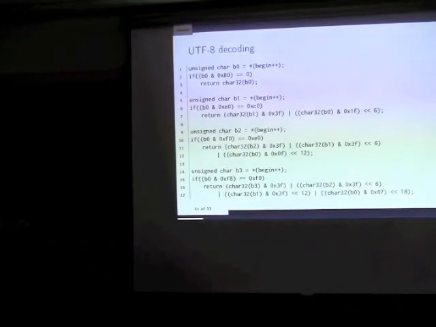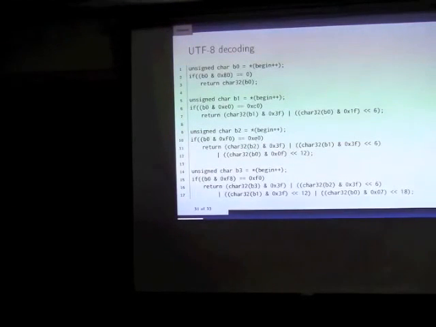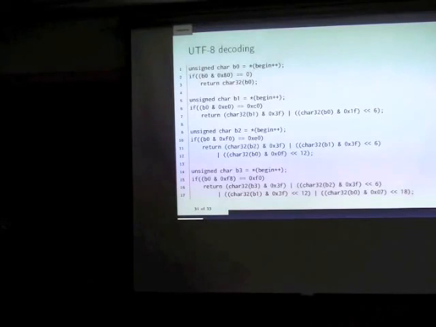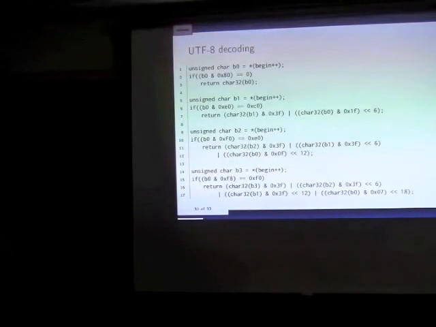In reality, with the converter, it's not a return, it's a write to the output, but I wrote it as a return so that it fits on the slides. So we're going to cast it to 32 bits. The first byte tells us which case we are in, whether it's 1 character, 2, 3, or 4. And then we can build the code point simply by doing some bit shifting between the different bytes.